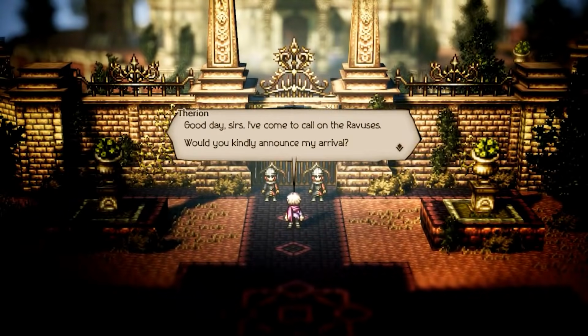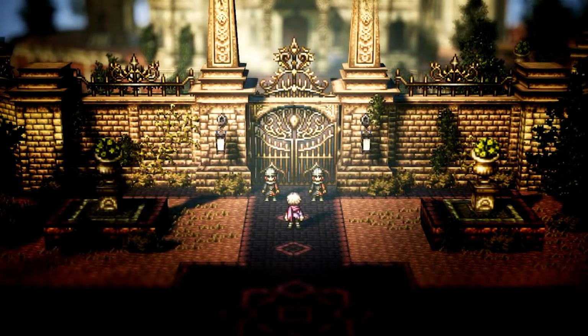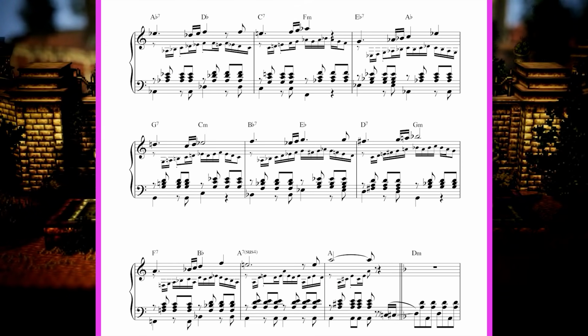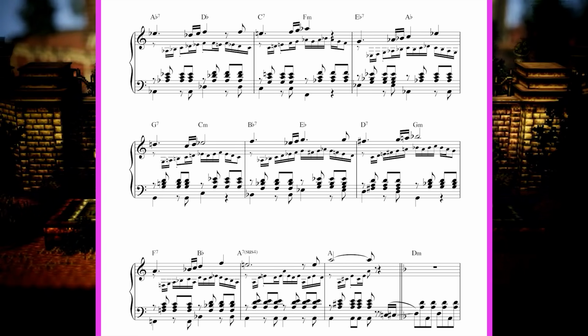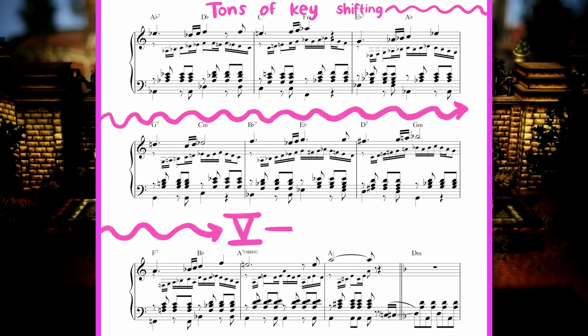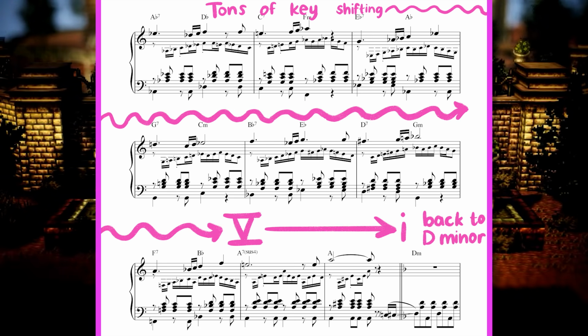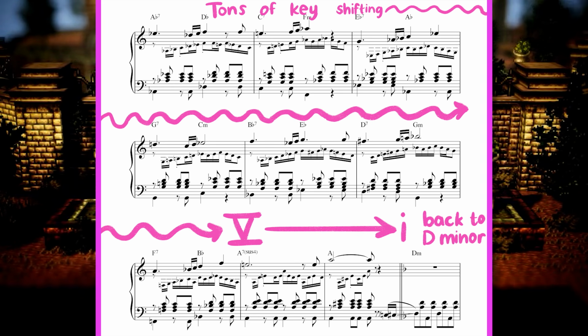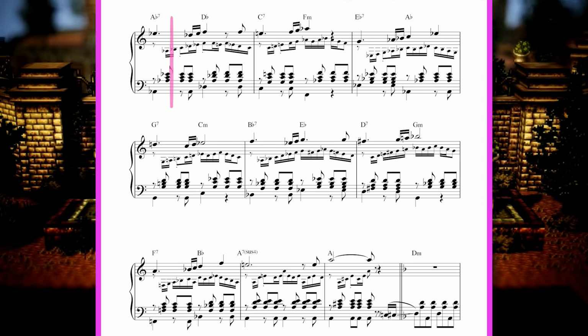Octopath Traveler uses this move all over its soundtrack. In How Amusing, the disorienting series of rapid-fire key changes towards the end of the loop comes to a halt on an A7 sus chord, with an extra bar added to the phrase to give the chord space to move to an A7 to bring us back to the key of D minor to start the loop over.